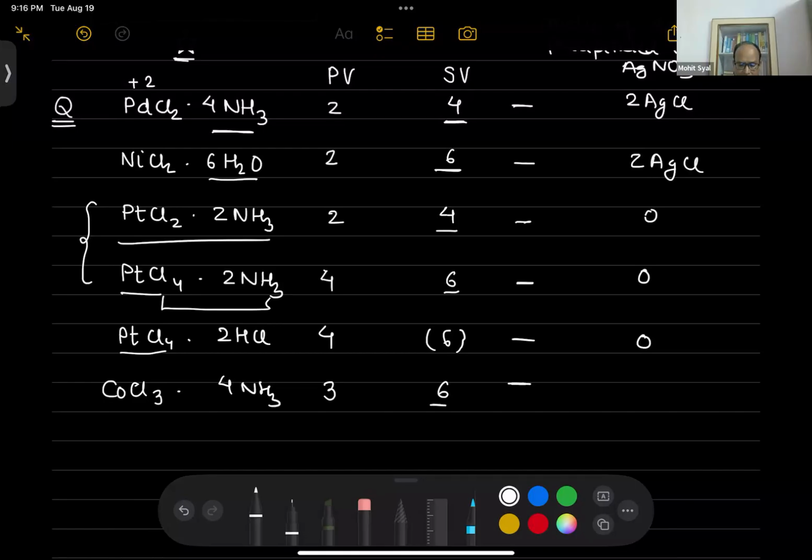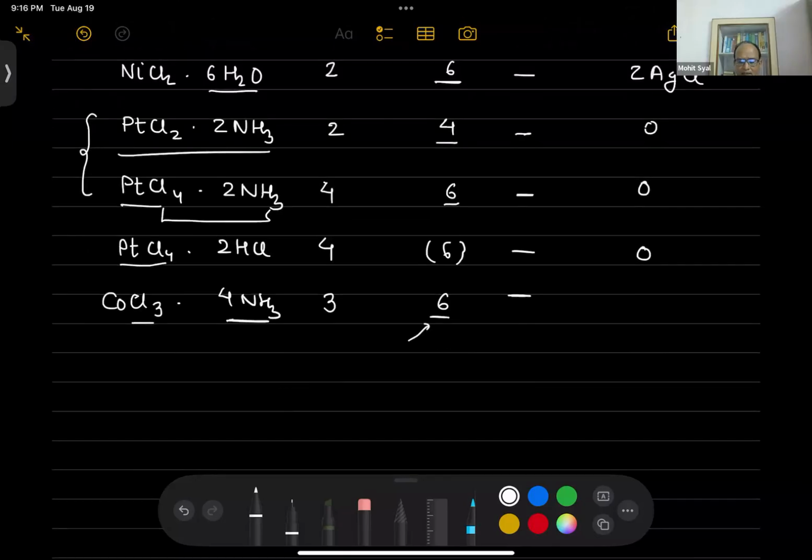Similarly, you have 6, so 4 NH3 and 2 chloride ions will satisfy the secondary valency. So what happened to that single chloride ion?